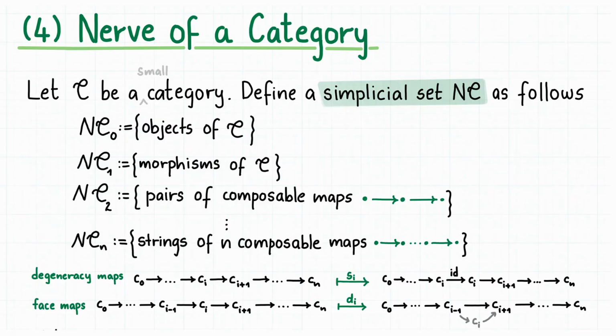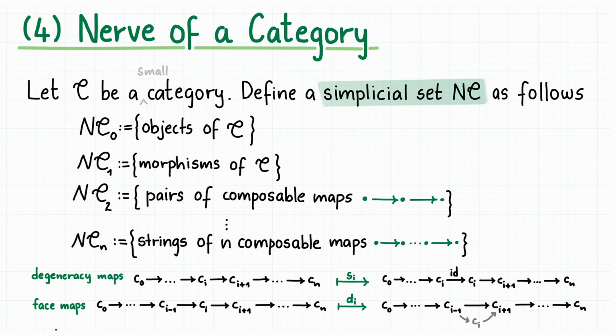One way is easy. Given a category, you can define a simplicial set. What you do is you take the 0 simplices as the objects and 1 simplices as the morphisms, and 2 simplices would be pairs of composable morphisms, and similarly n simplices would be n morphisms which can be composed.